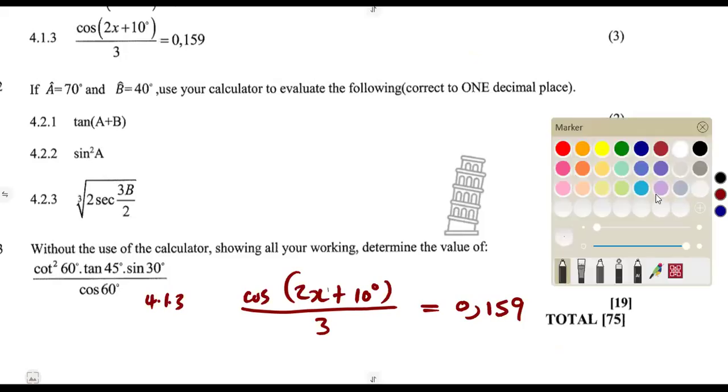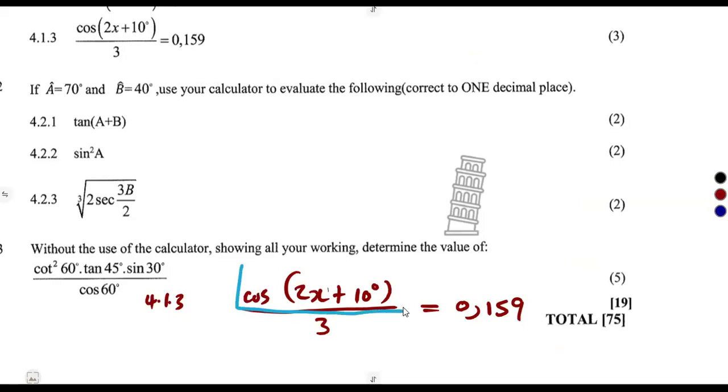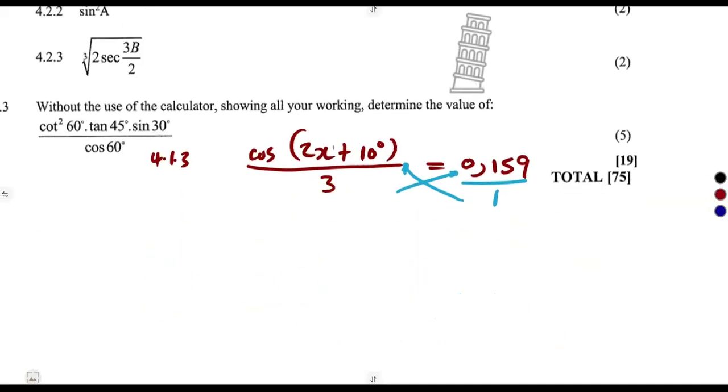So what we need is to have a single trig, this one, so that we can find its arc cos. So what is affecting the 3 here? Remove that one. Remember, this is same as over 1, so you can cross multiply, so that we get rid of the 3 there. So that's 1 times the cos, which is the cos of 2x plus 10 degrees, which is equal to 3 times this one. You multiply those two.